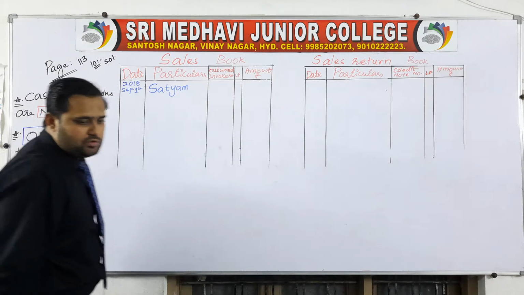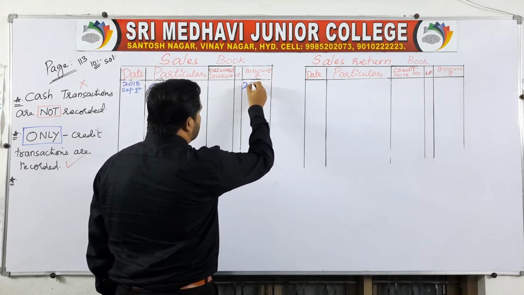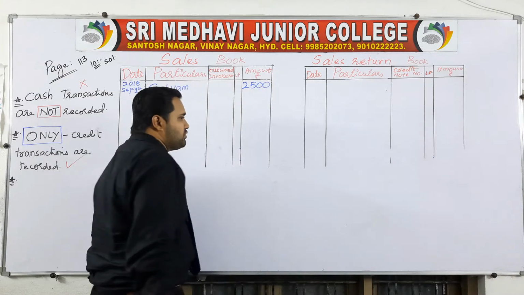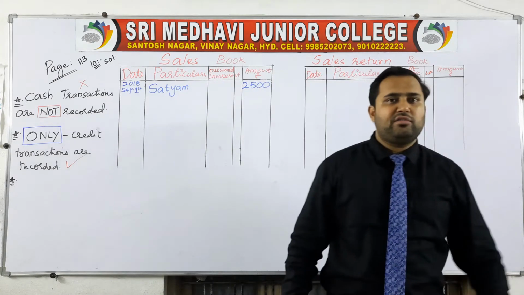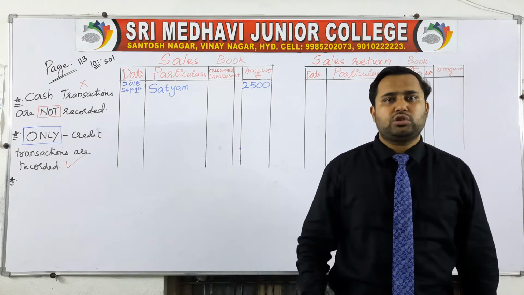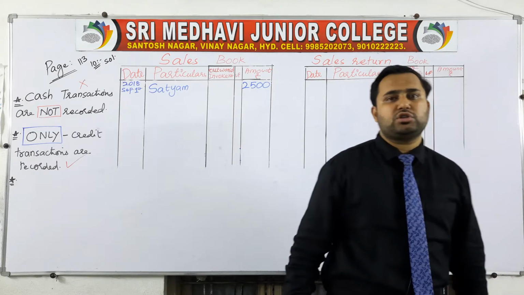How much is the amount? 2,500. 2,500 goods sold to Satyam on credit. Next, on 5th of September 2018, sold goods to Ajay 7,200.